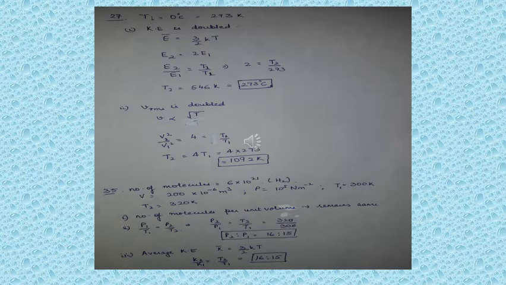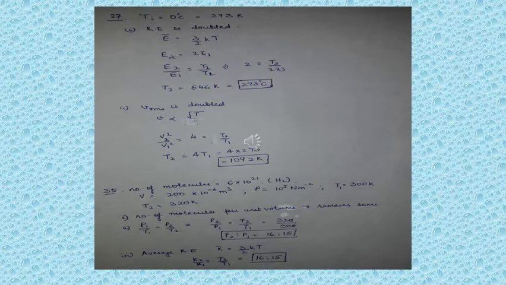When the velocity is doubled, the final temperature is going to be 4 times the initial temperature, which is 1092 Kelvin. And if we subtract 273 from this, we can calculate the answer in degrees Celsius as 819 degrees Celsius.